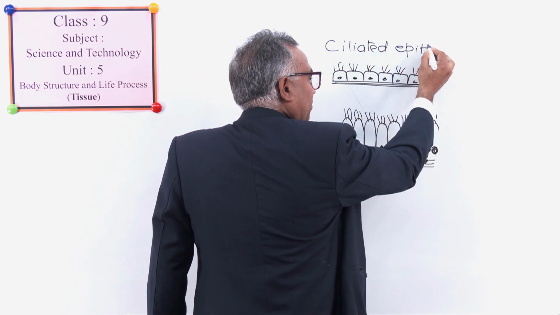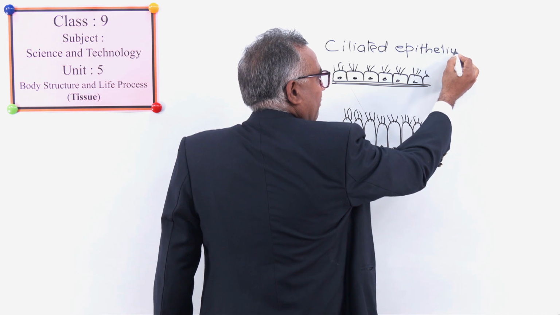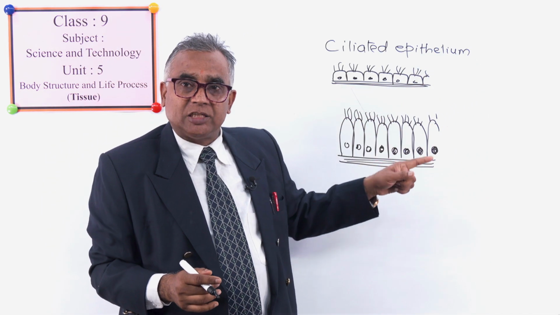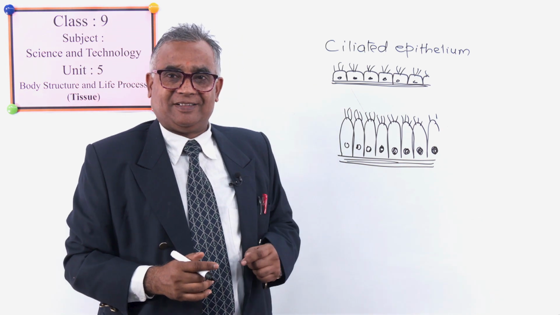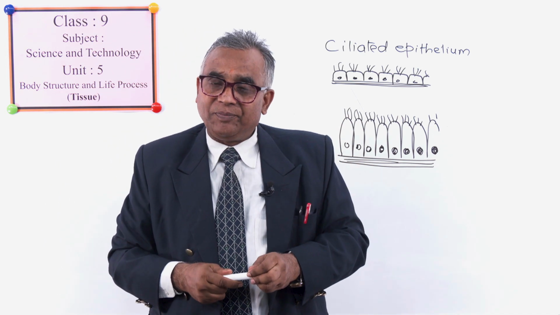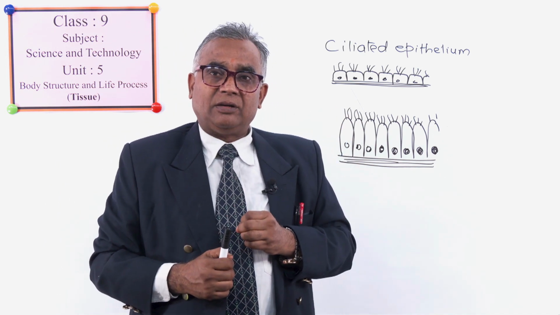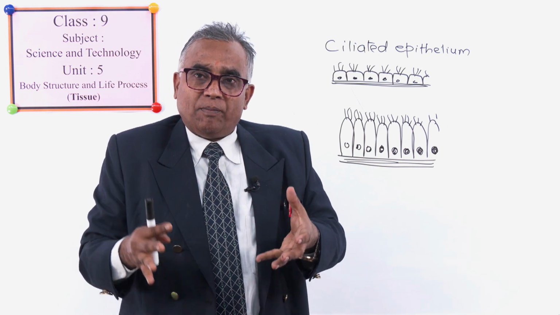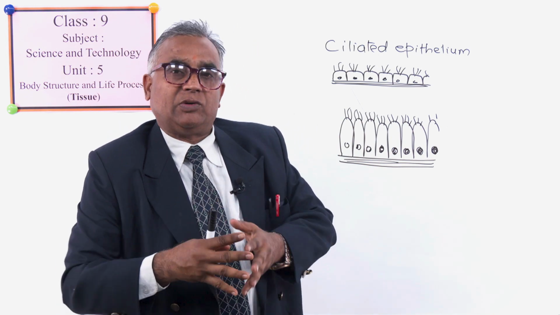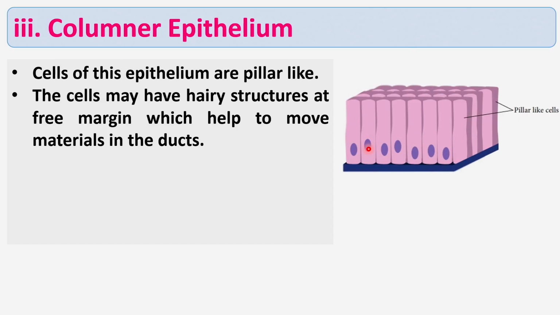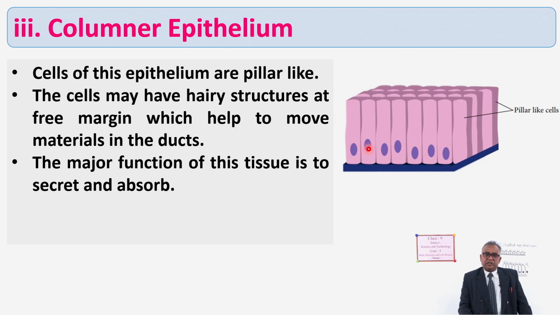So as a separate epithelium type, we do not have to read it in our course, but because they modify into this form, you have to keep it in mind. Okay? Such ciliated epithelia are found in the respiratory tract and female reproductive tract, which help to make substances flow in a particular direction. Okay? Okay, go ahead. So next, the major function of this tissue is to secrete and absorb.